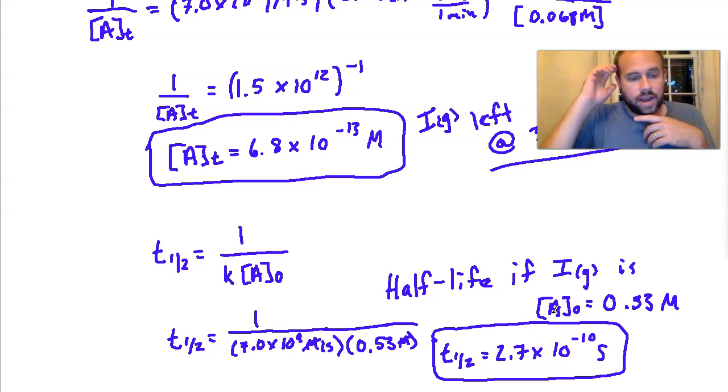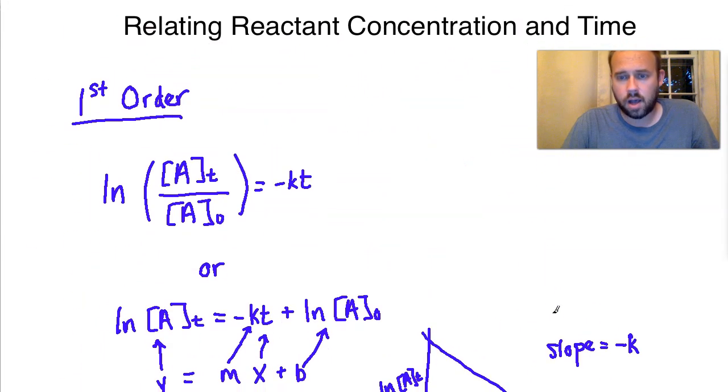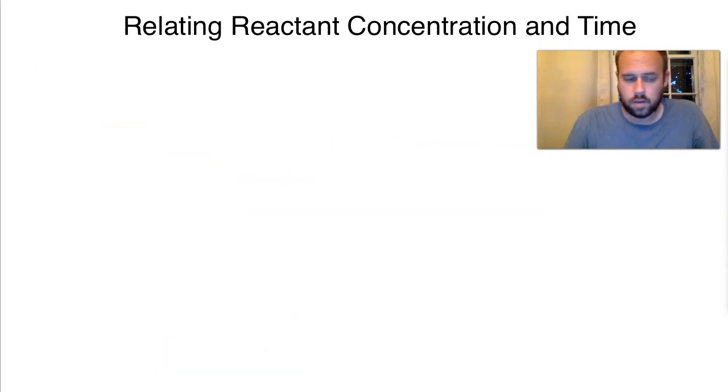All right, and then finally, just to wrap this up, because we're already close to 20 minutes here, if we get to the 0th order, when we start looking at that, 0th order is going to be the following.